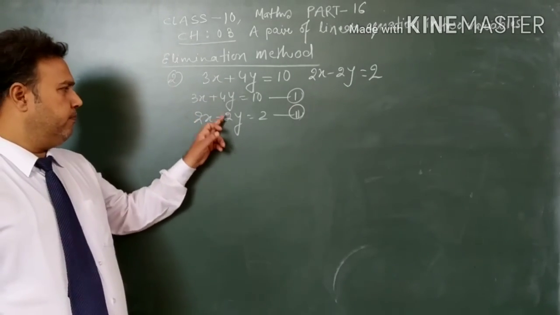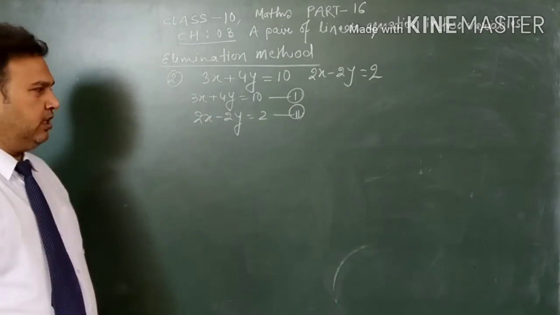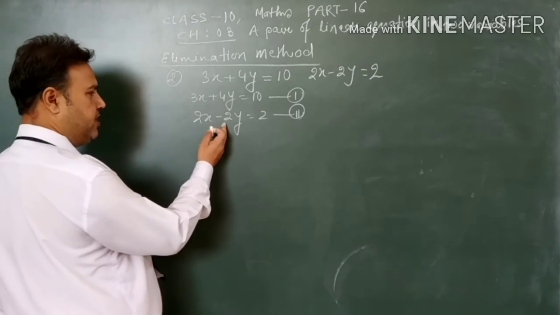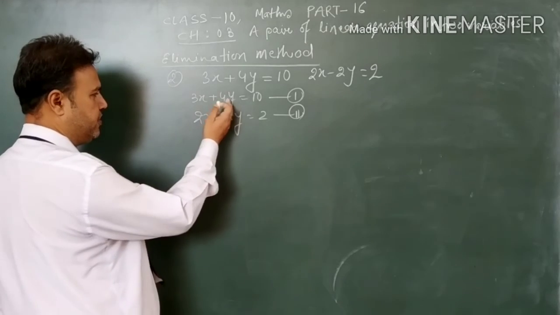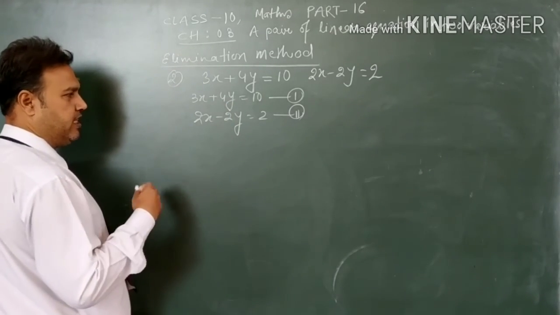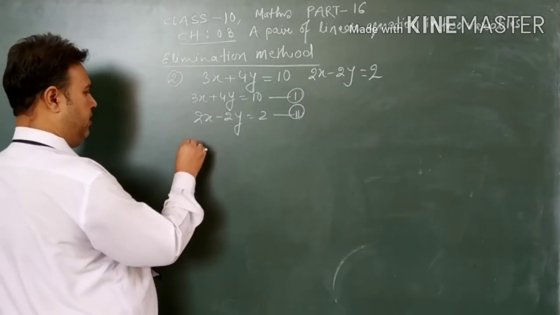How will we make them equal? By multiplying equation 2 by 2, we get 4, the coefficient of y is 4, and the coefficient of y in the first equation is also 4.